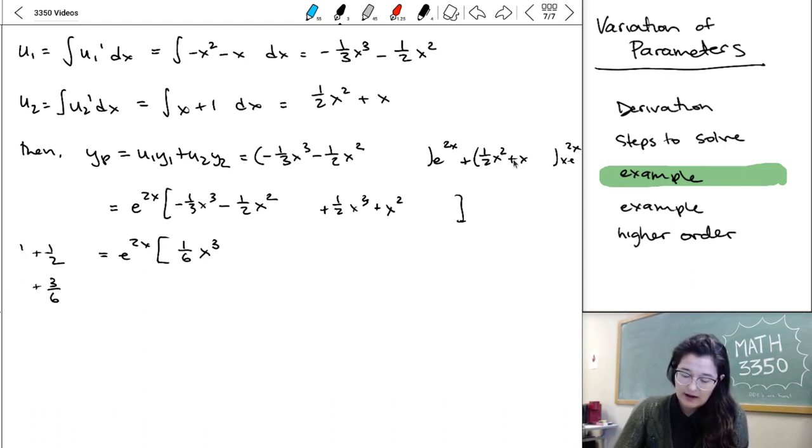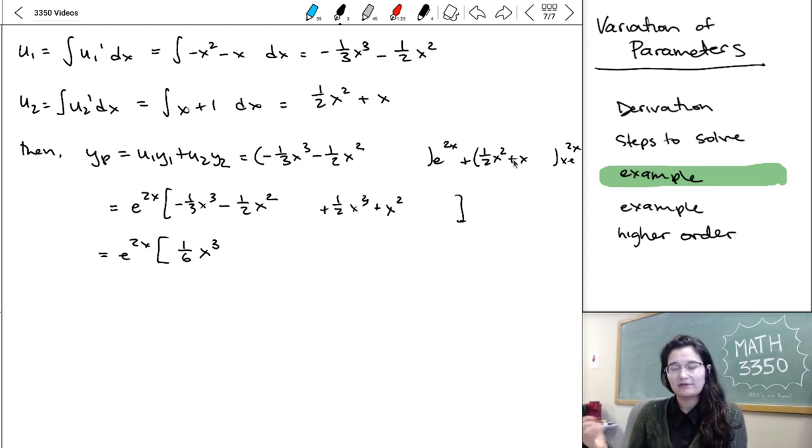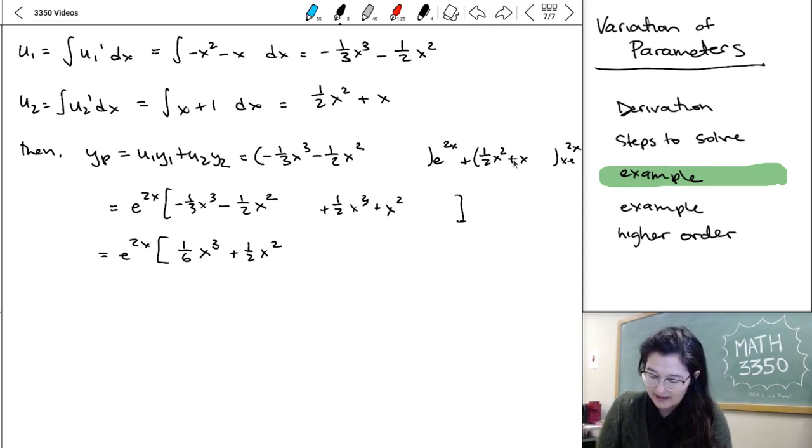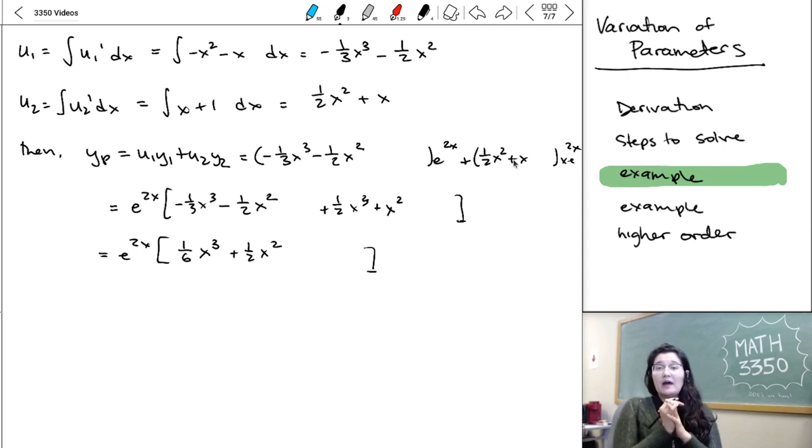And then minus 1/2 plus 1 is just 1/2. So that 1 is just 2 over 2, so it becomes 1 over 2. And again, I'm leaving a little bit of space for talking about those constants later. And this is a lot simpler than what I started with. I feel pretty good about it.